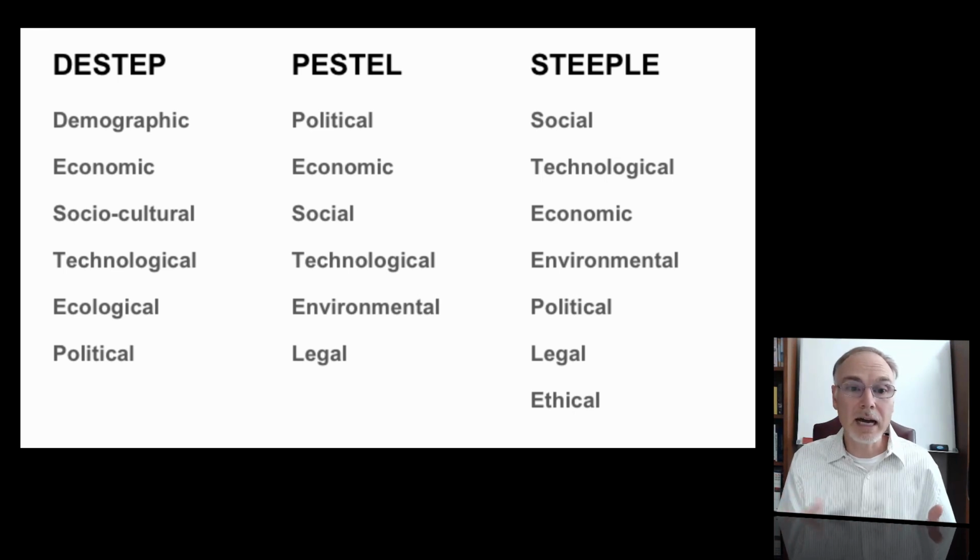By following a guide like DESTEP or PESTEL or STEEPLE or any of the others, you can more readily identify important trends and be aware of them and start making decisions by considering those trends rather than being surprised by those trends after some other circumstance has happened or after the decision has been finished.